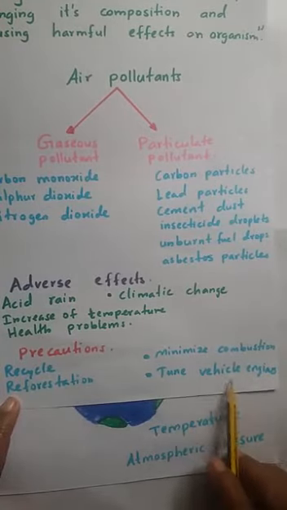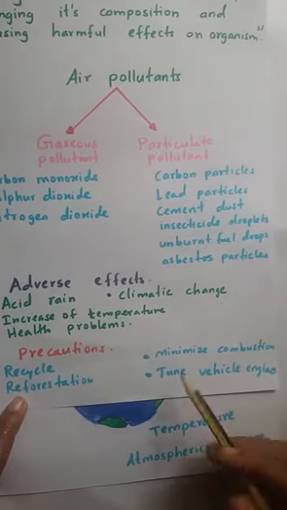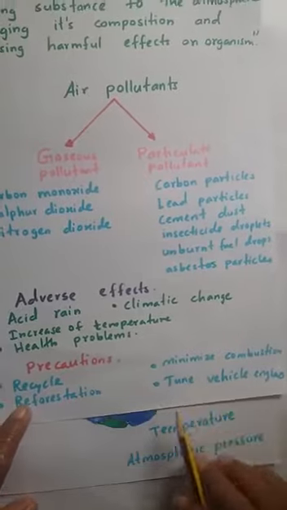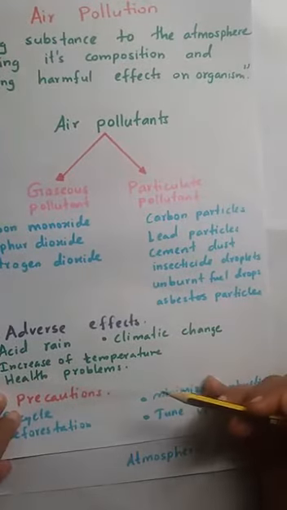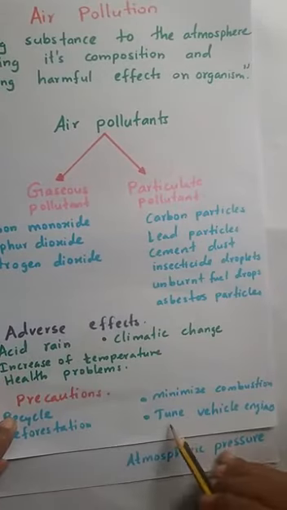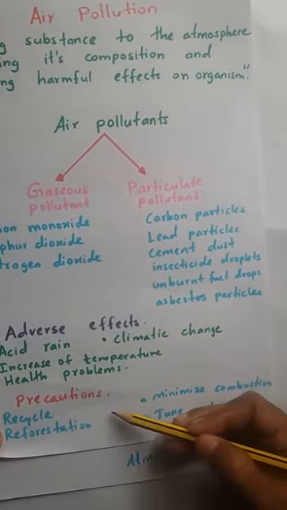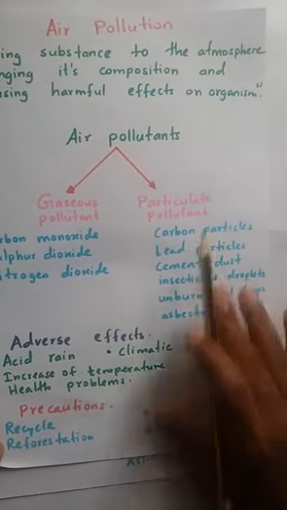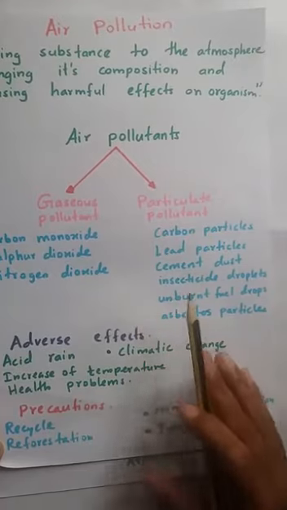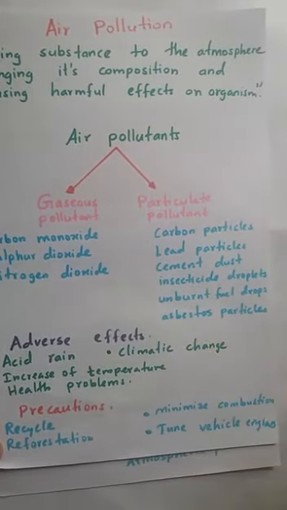Then tune vehicle engines, that means you have to use moderated vehicle engines that release less pollutants. Those vehicles are called tuned vehicle engines. So all these precautions we have to take in order to protect our atmosphere. As I told you, the atmosphere is very important for the survival of all organisms, so we have to protect the atmosphere.